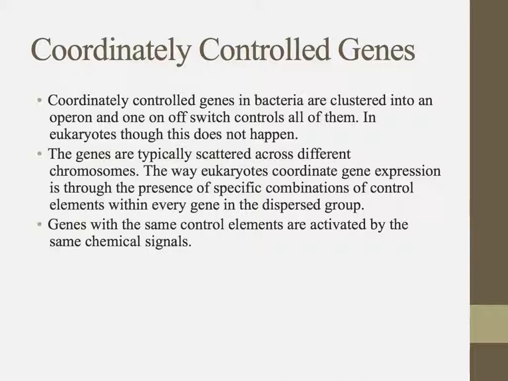The way that prokaryotes do it is they have all the red flags in a line, and you just can't do that with so many genes in eukaryotes. So all the red flags would unify the dispersed group, so the mailman or the chemical signals or whatever is going to express the genes can know to go to every single gene in the dispersed group.